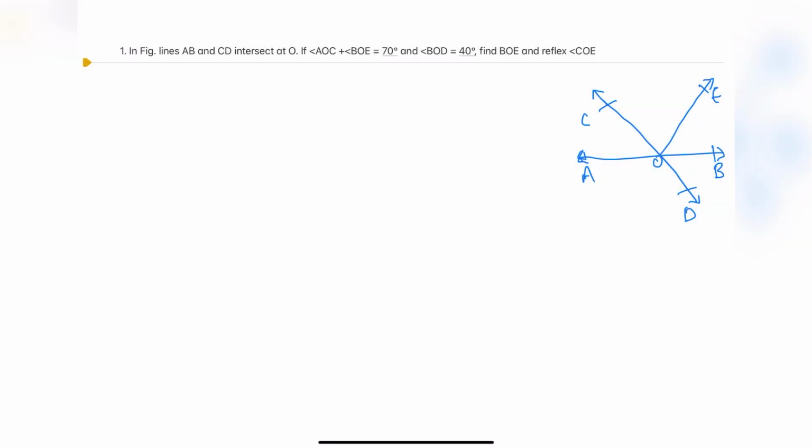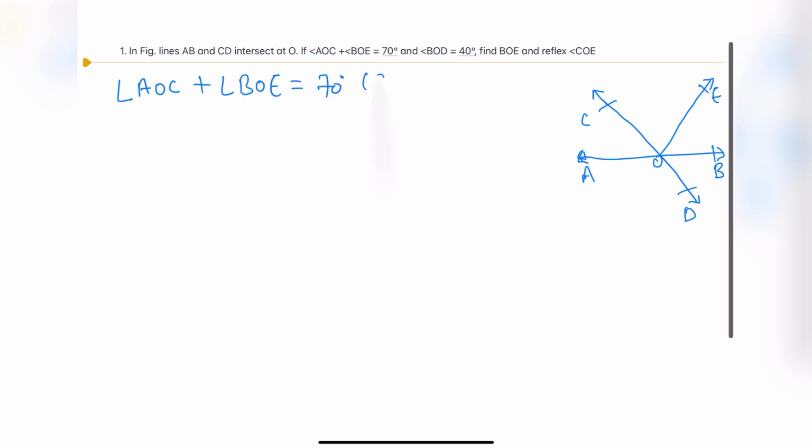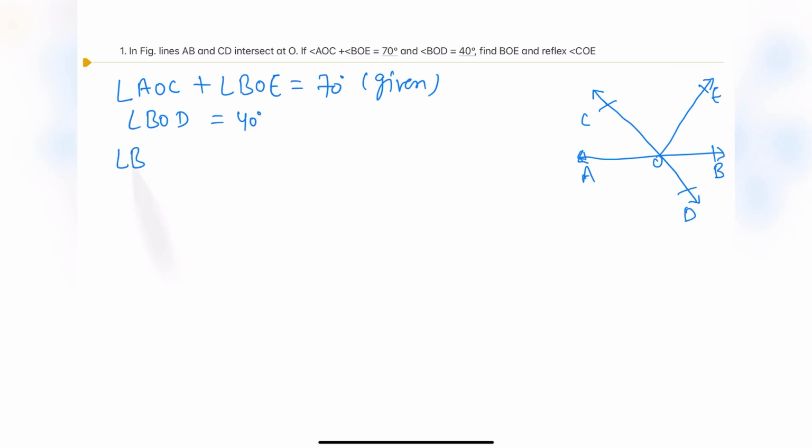Hello students. Today we will do question number 1 from exercise 6.1, in which we are given lines AB and CD intersecting at O. If angle AOC plus angle BOE is equal to 70 degrees, and given angle BOD is equal to 40 degrees, then we have to find angle BOE and reflex angle COE.